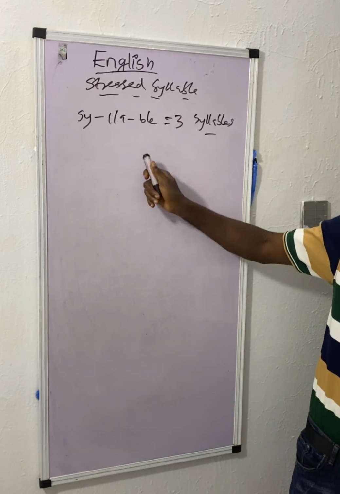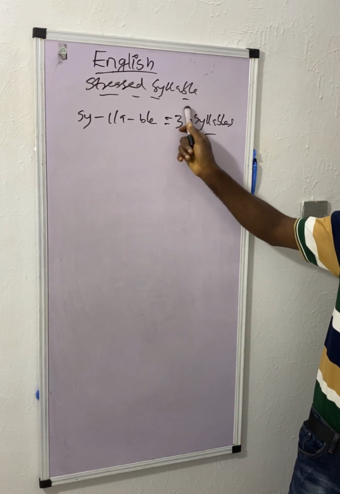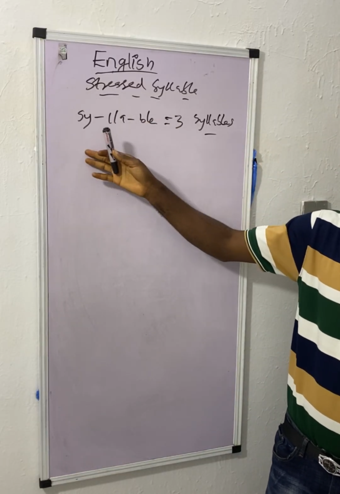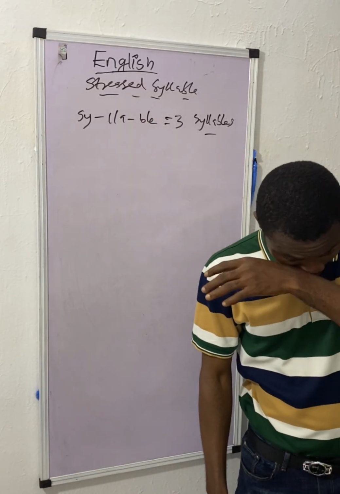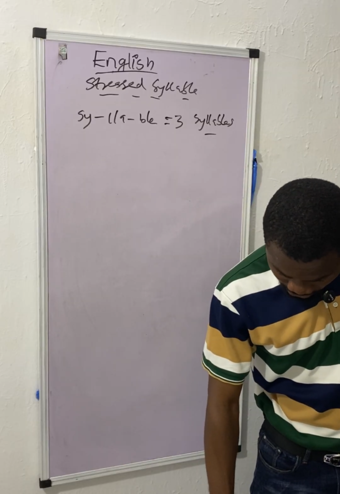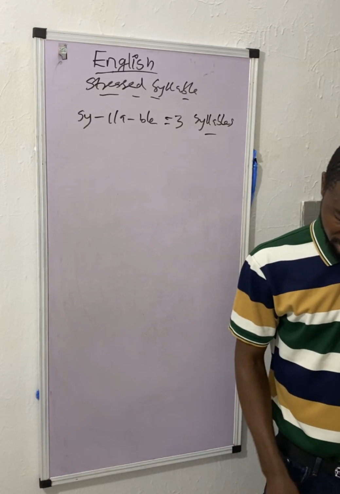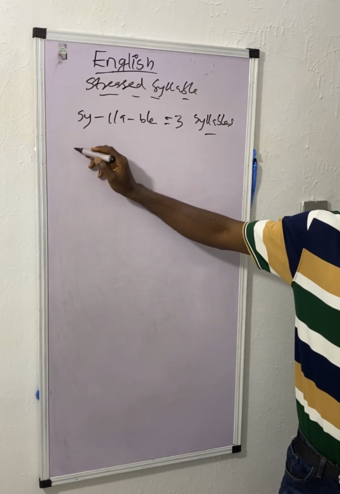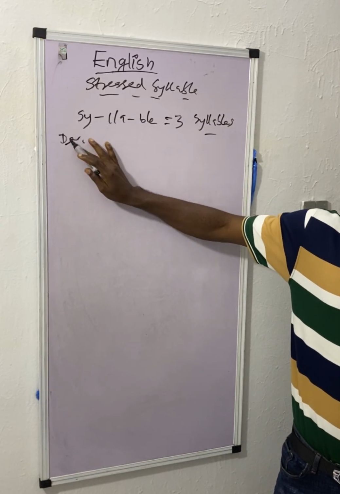It's very easy. The first thing to do is break the word down into its syllables. I just taught you what syllable is. After breaking it down, pronounce the word and listen to the details of the word during pronunciation.